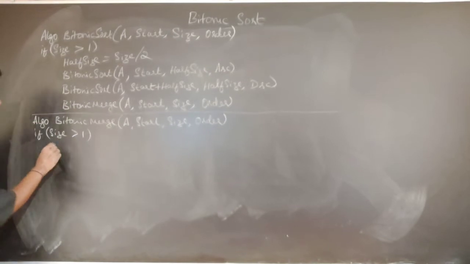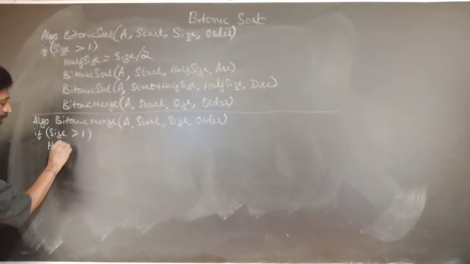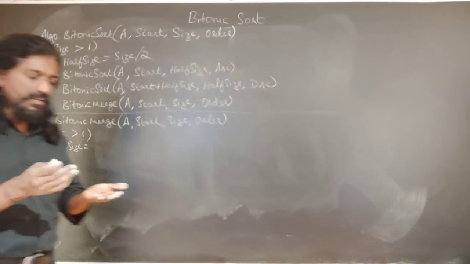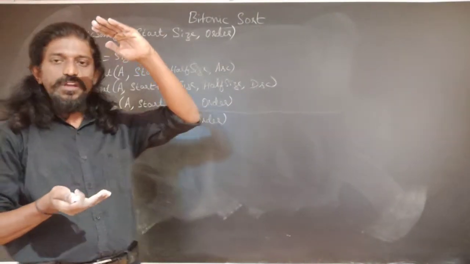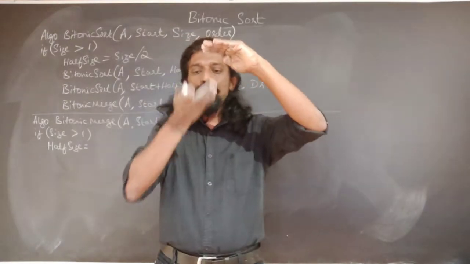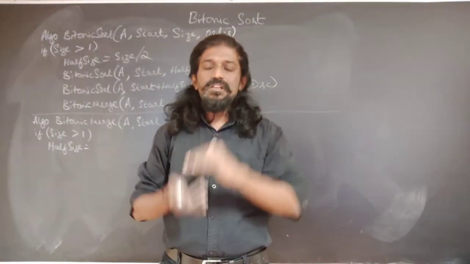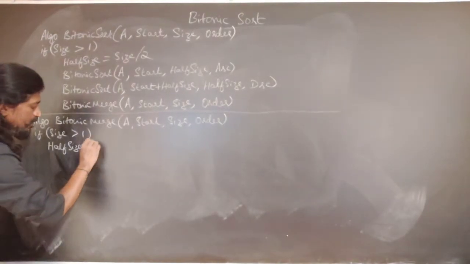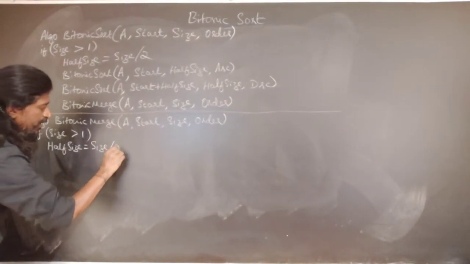If size is less than 1, we are not doing anything. What are we doing? Half size, because when we are merging, we saw that to get a final sorted list of 8 elements, we take 4 elements and then 2 elements and then 1 element. So every time we need to take half size. Therefore half size is equal to size by 2.